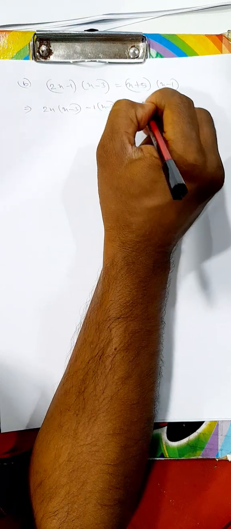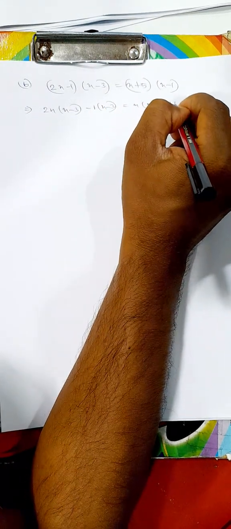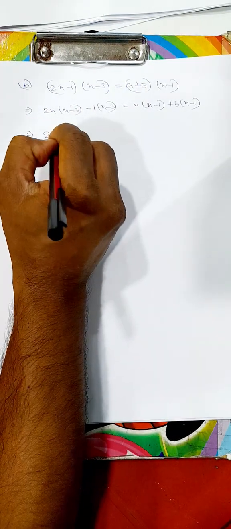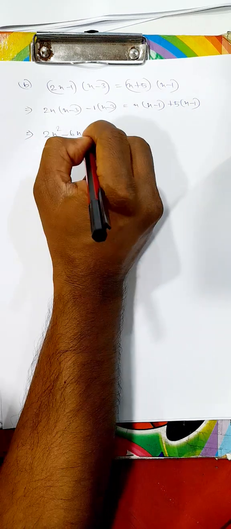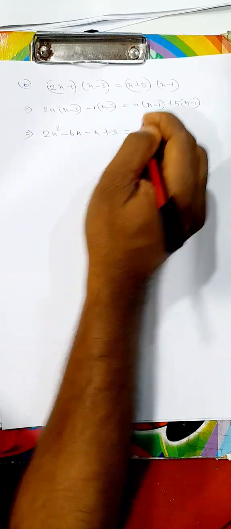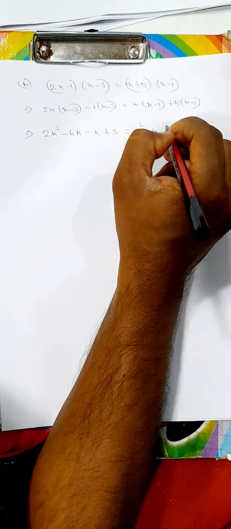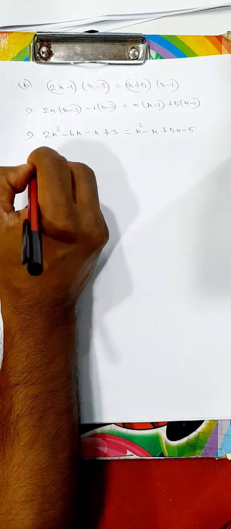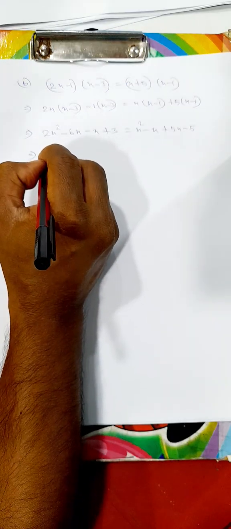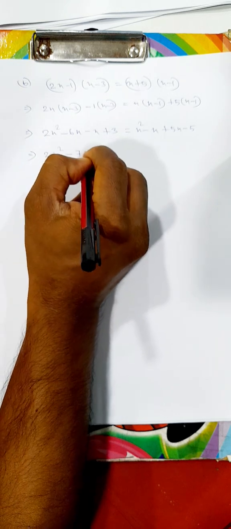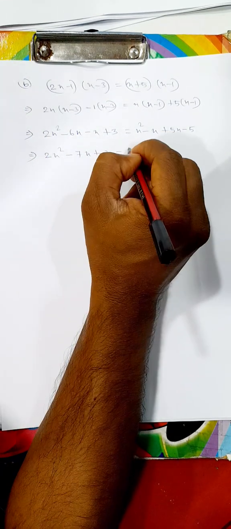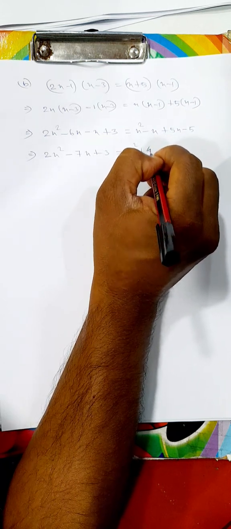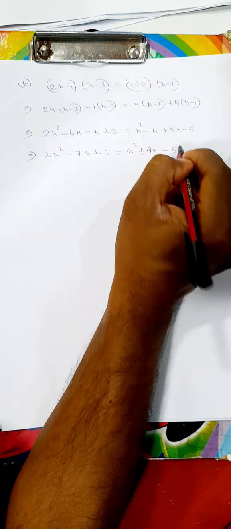Right hand side, x into (x minus 1) plus 5 into (x minus 1). Now let's simplify this. 2x square minus 6x minus x plus 3 equal to x square minus x plus 5x minus 5. Now this becomes 2x square minus 7x plus 3, x square plus 4x, this becomes 4x minus 5.